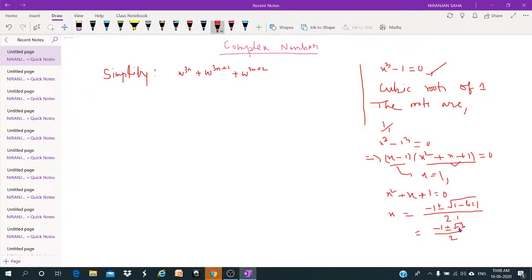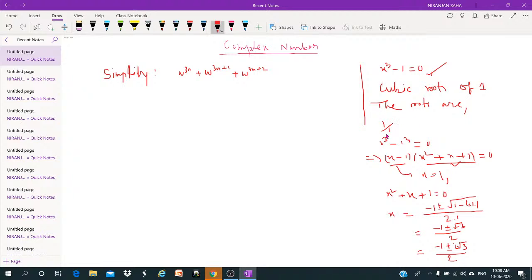So root of minus 1 comes here, so we will find iota here. This will be the complex root, minus 1 plus minus iota root 3 by 2. So the other two roots are complex.